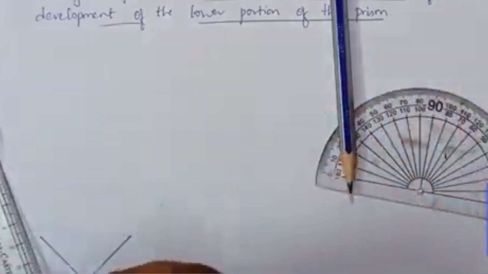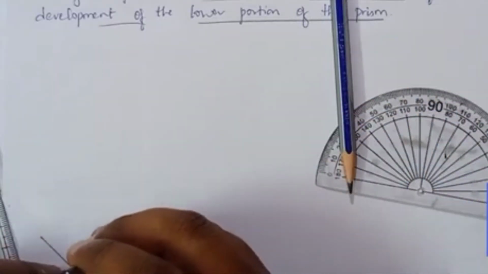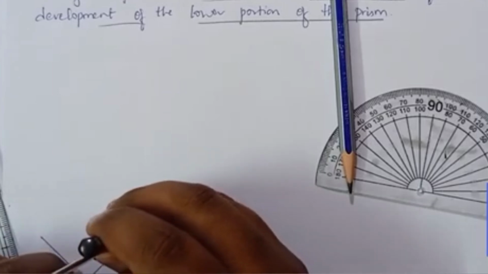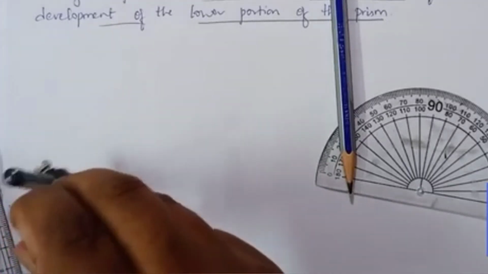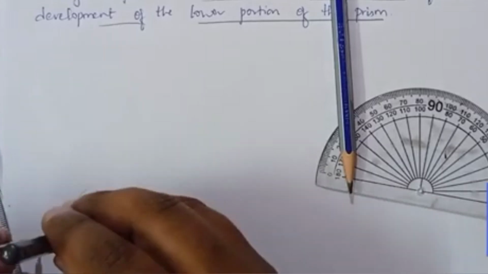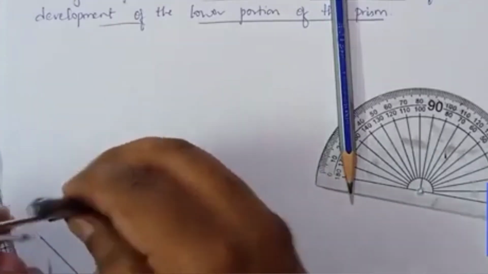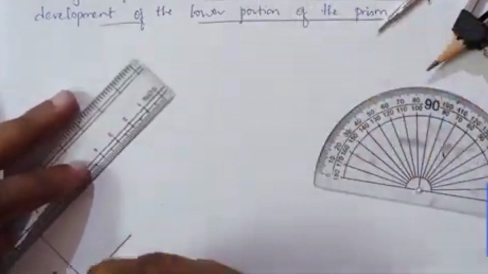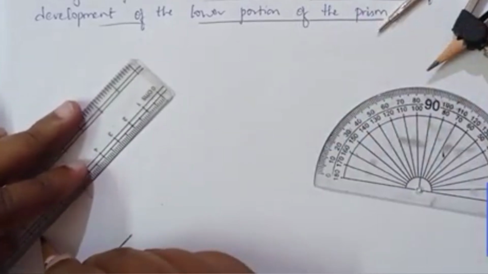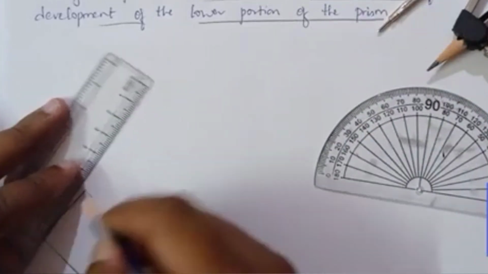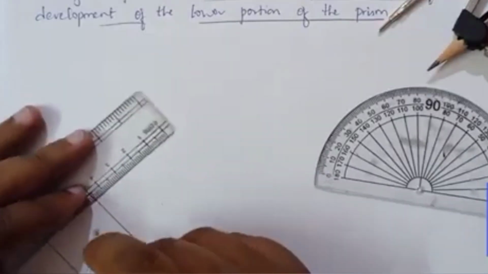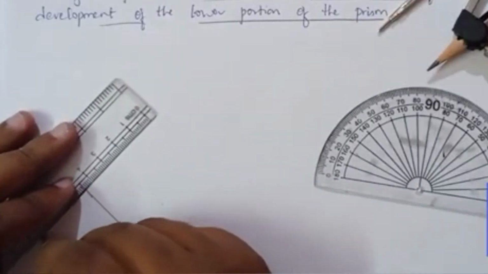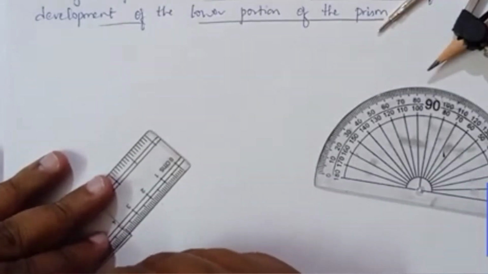Take the compass and cut the arc for 30 mm, measuring any one of the edges, from the reference point. Then join to get the square with respect to corner position.